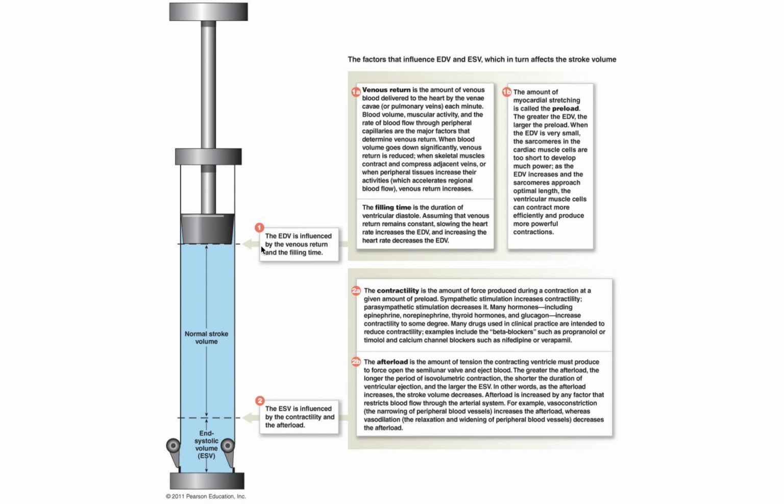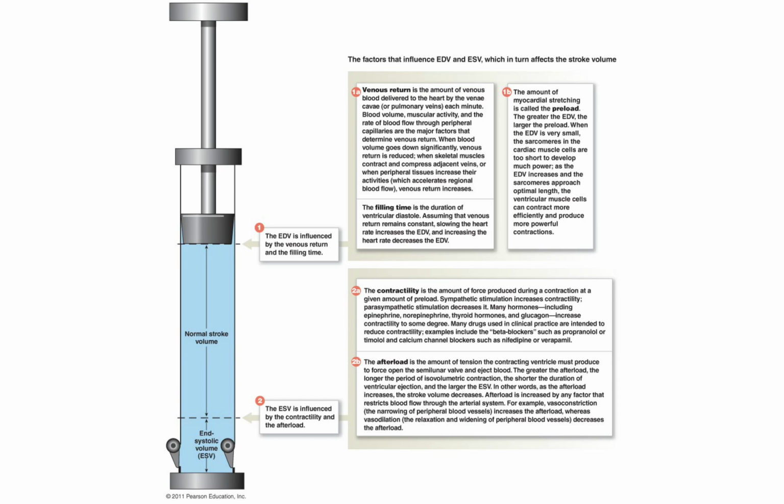So the venous return is increased by things like skeletal muscle contraction. We learned in the last chapter how the veins have these one-way valves, and there's not a lot of pressure in the veins, so they rely on skeletal muscle contraction to squeeze them, and that sends the blood back towards the heart.